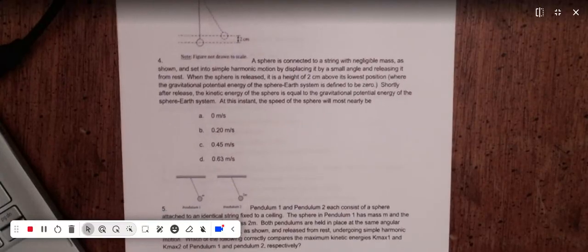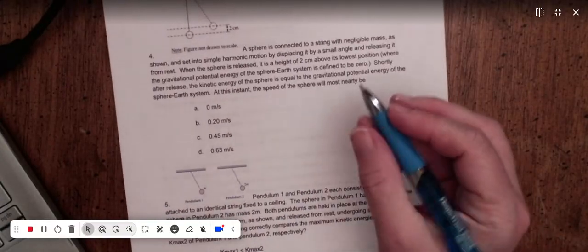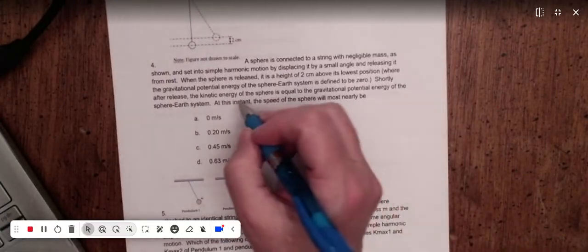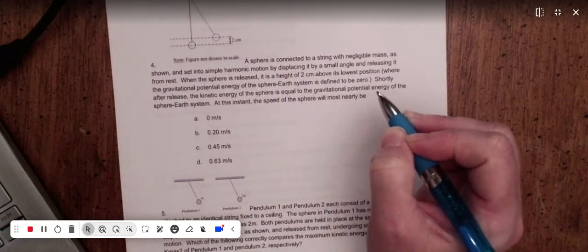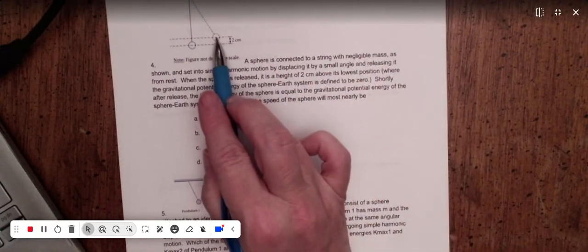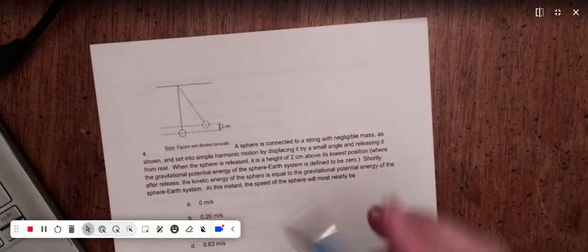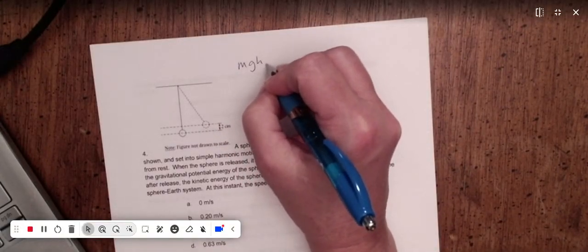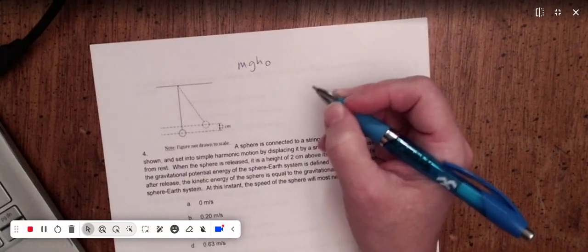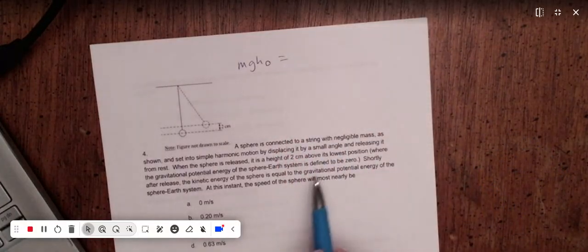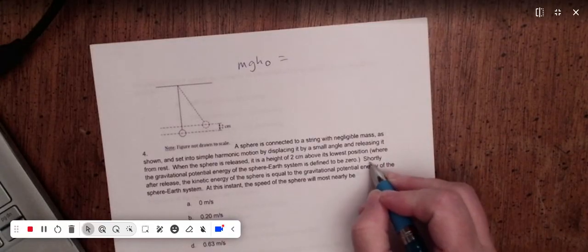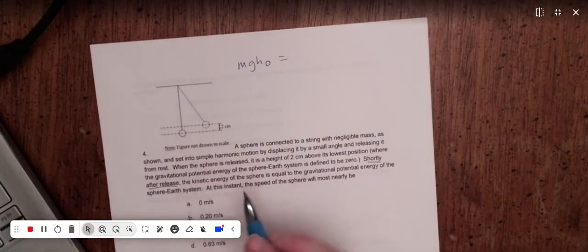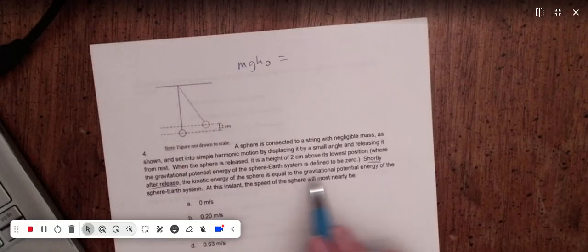Okay, so this is a conservation of energy question. What we're thinking about here is that at our starting point, remember, you're going to have all gravitational potential energy. I'll call that H0. And then at the point they're asking about, which is shortly after release, they're saying kinetic energy and gravitational potential energy are equal.